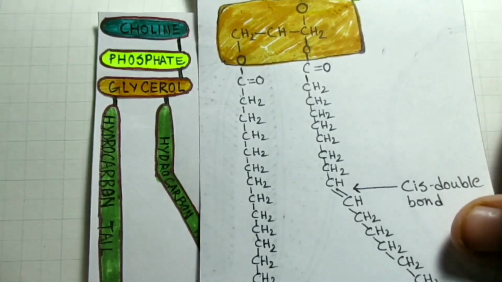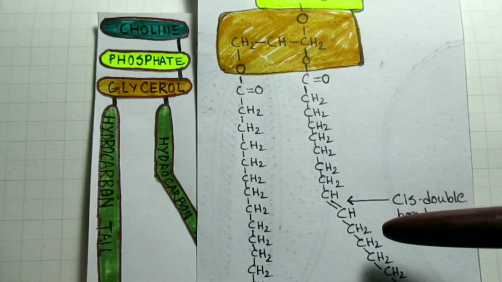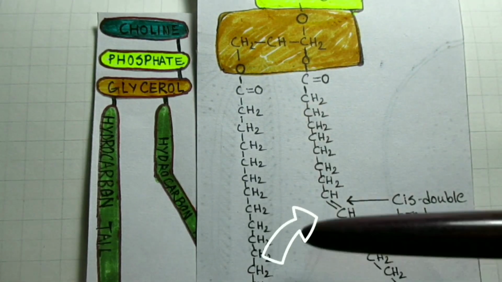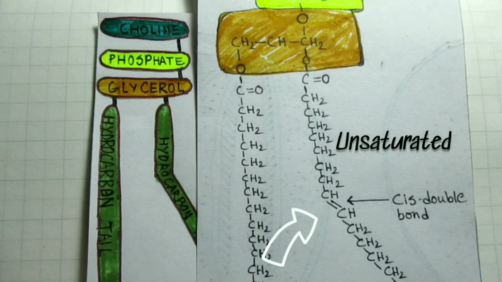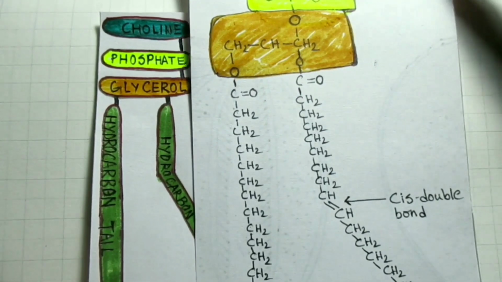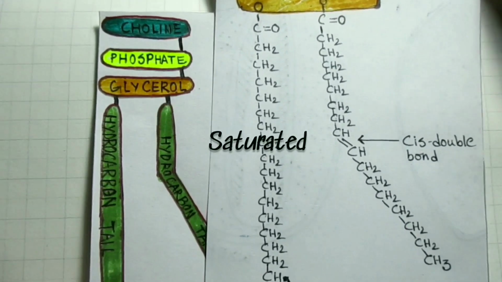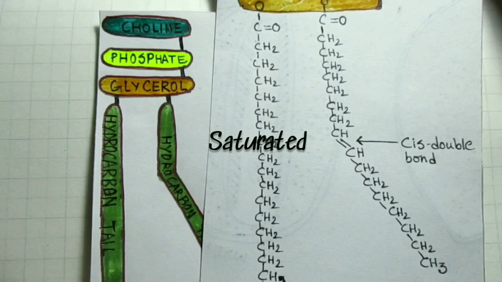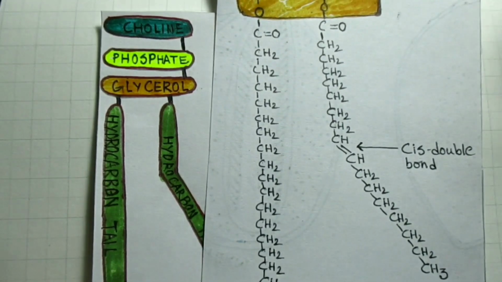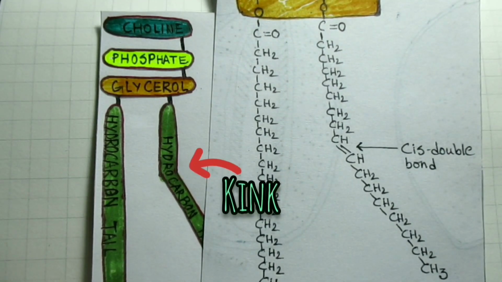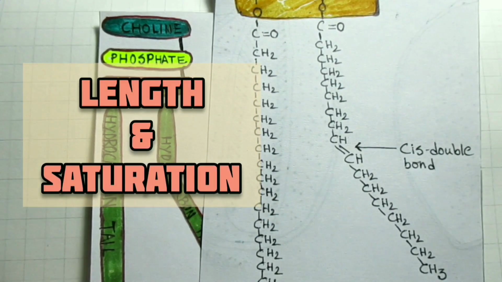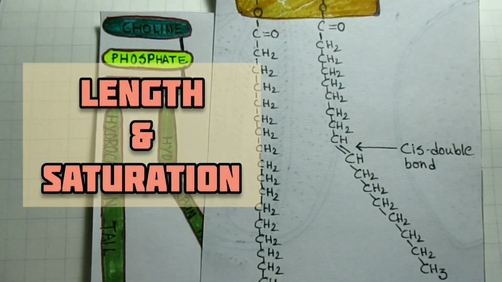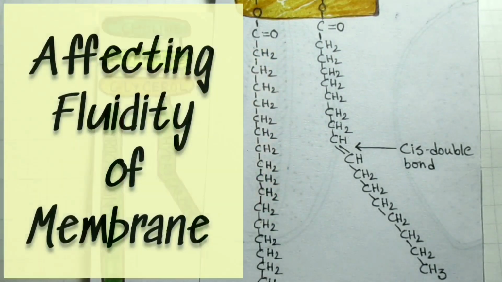One tail typically has one or more cis double bonds, that is, it is unsaturated, while the other tail does not, that is, it is saturated. Each cis double bond creates a small kink in the tail. Differences in the length and saturation of the fatty acid tails influence how phospholipid molecules pack against one another, thereby affecting the fluidity of the membrane.